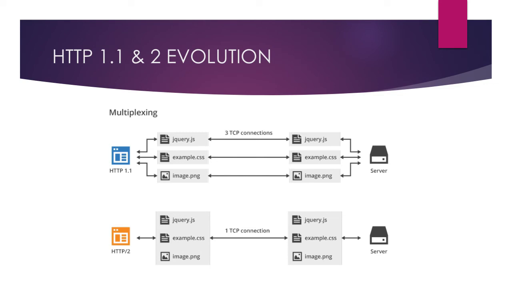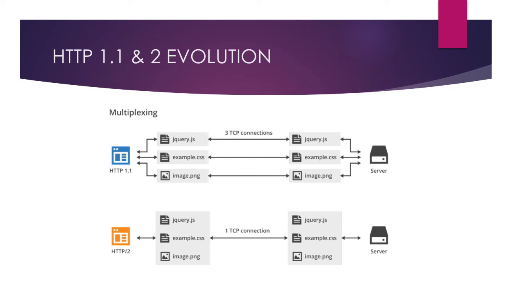This means requesting the file, waiting for the response, downloading the file, and then requesting the next one. So it was very sequential. The load time of the page was very high, and that was addressed in HTTP version 2 with the help of multiplexing.